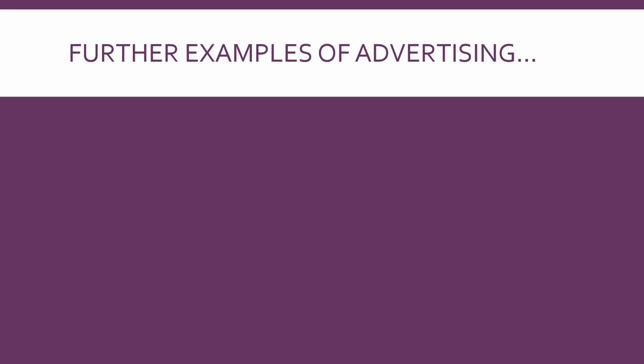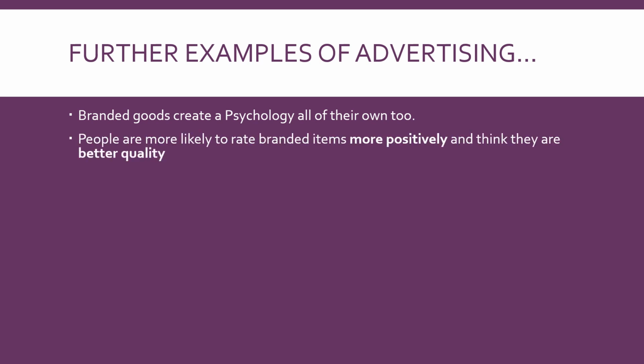So other examples of advertising. Branded goods. So branded goods are actually a study all by themselves in psychology. So people tend to rate branded goods more positively, and they tend to think they are better quality.